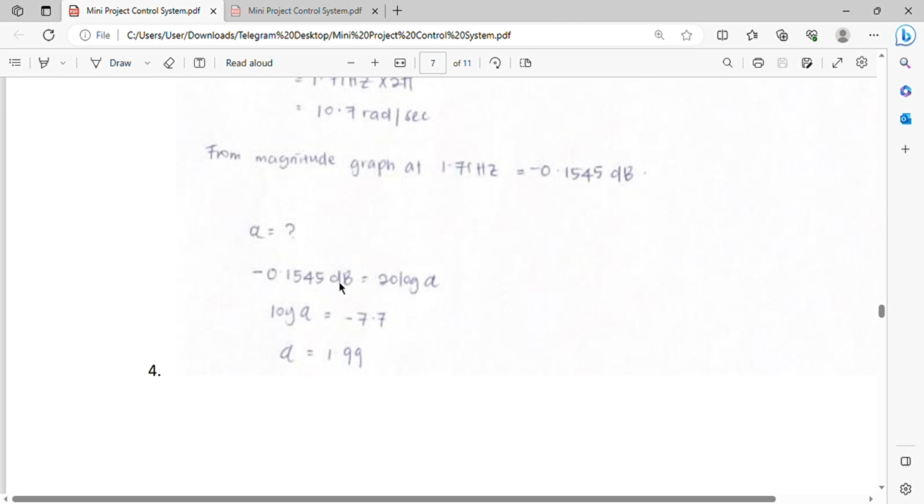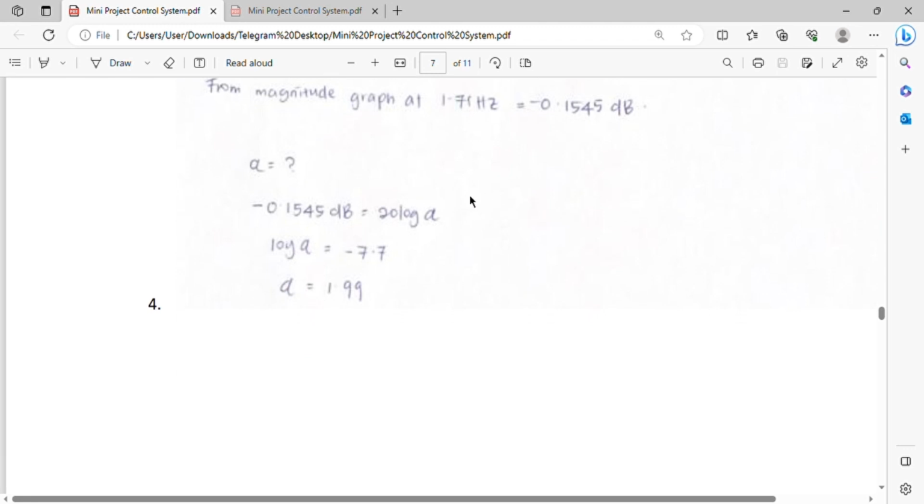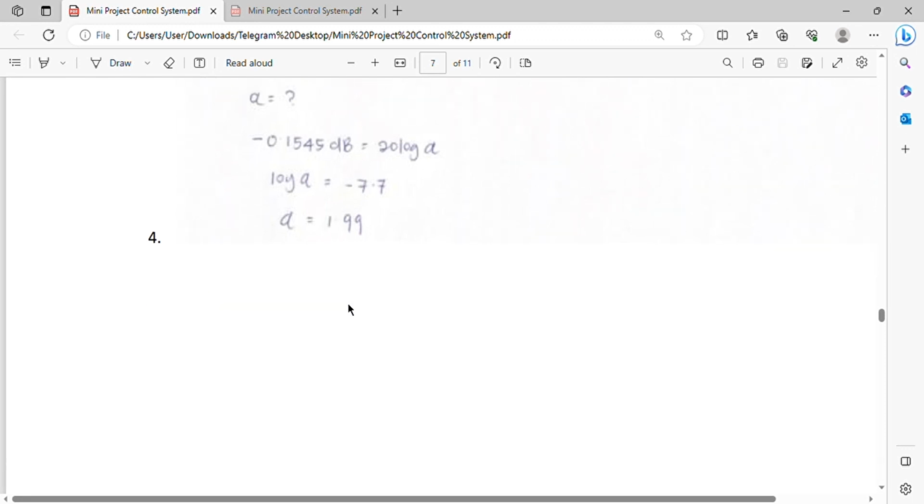From the magnitude graph at 1.71 Hz, we got negative 0.1545 dB. To calculate the alpha, the equation is dB equal to 20 log alpha. So we have the value of dB, negative 0.1545 dB, take the anti-log of this value, and we got 1.99. So here is the Scilab of this lag equation.